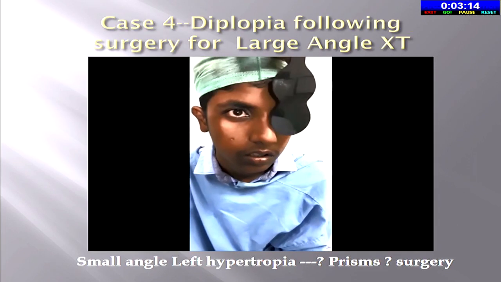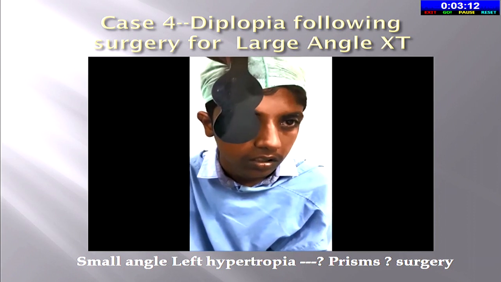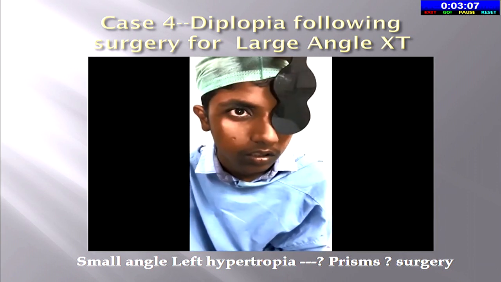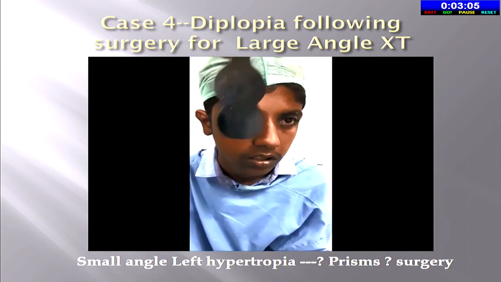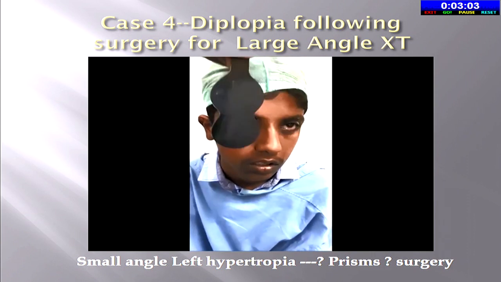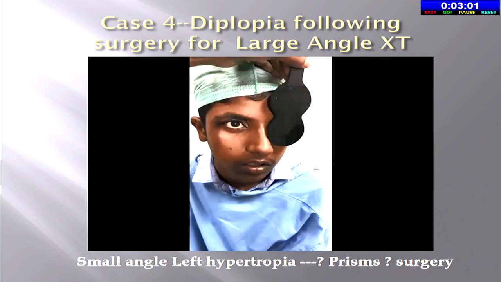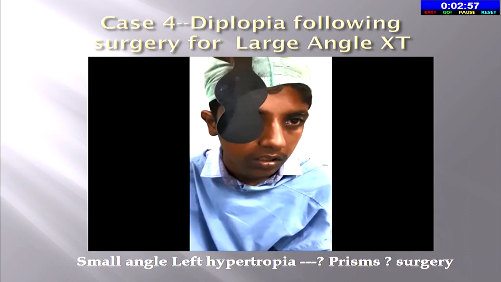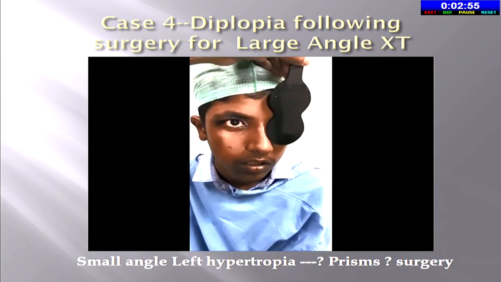This boy had a large exotropia and was corrected horizontally. He looked okay, but vertically there was a very small left hypertropia, and diplopia. We waited for 8 weeks, but he could not tolerate the diplopia.